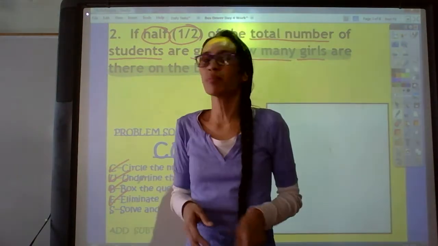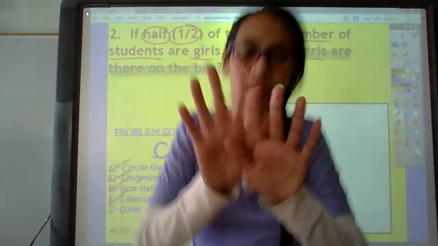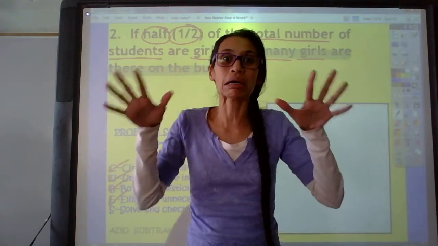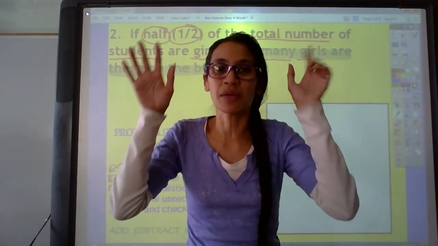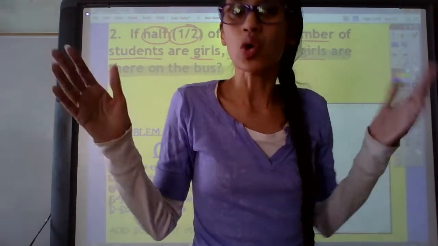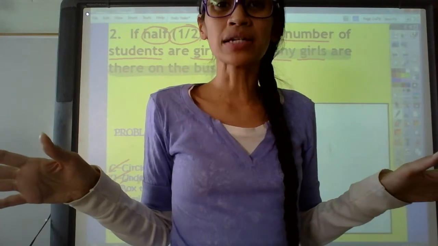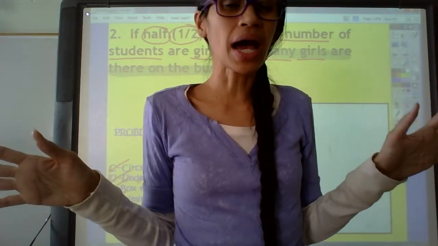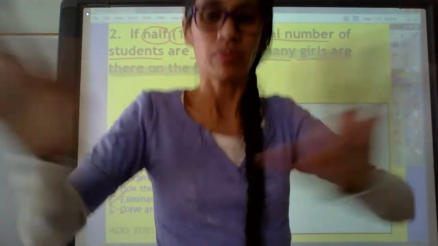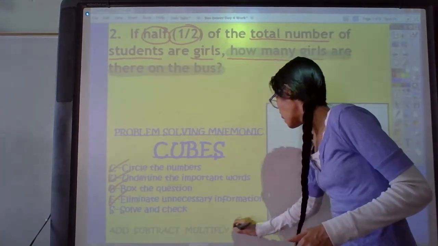What if I have the number 10? Look, split it in half. What if I have 20? I don't have 20. I can use my feet and my hands and we can split it in half, and that would be 10 each. So what do we do? Are we adding? Subtracting? No. Multiplying? No. We're dividing because we need to split it apart. All right, so we need to divide.